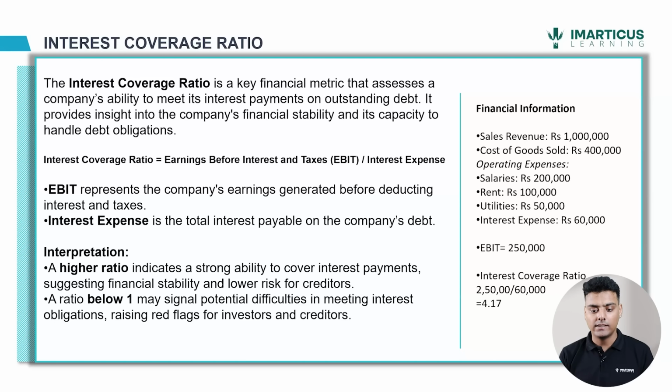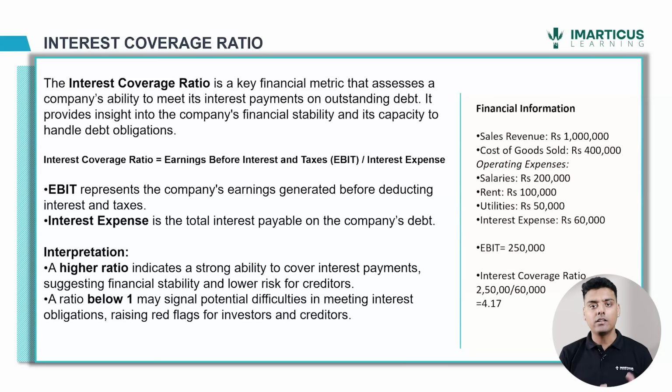This company has an interest expense of 60,000. So what does this mean? The EBIT divided by interest, which is 250,000 divided by 60,000, is 4.17. That means the company has 4 rupees of profit for every 1 rupee of interest. The company has 4 times the profit as its interest expense. The company is in a very good position to pay off its interest liability.